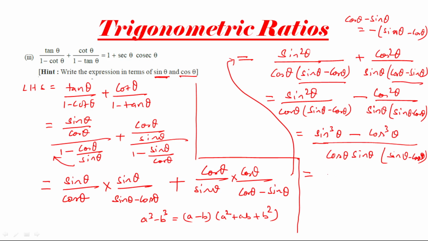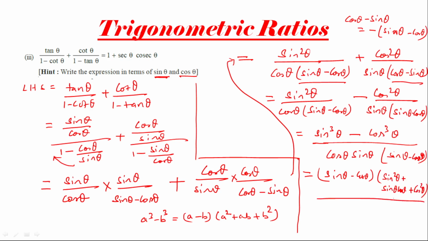So it will become sin theta minus cos theta, and in bracket a square is sin square theta plus sin theta cos theta plus cos square theta, divided by cos theta sin theta into sin theta minus cos theta. So this and this will get cancelled.